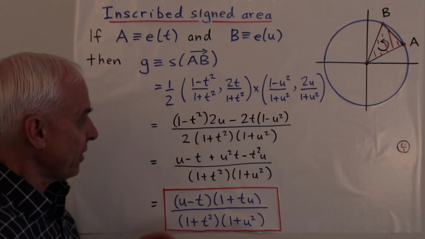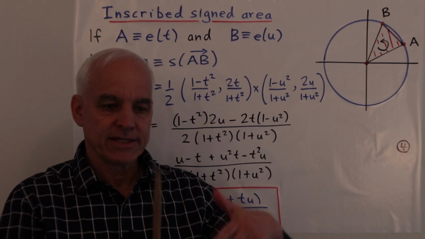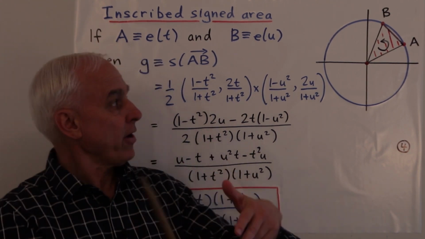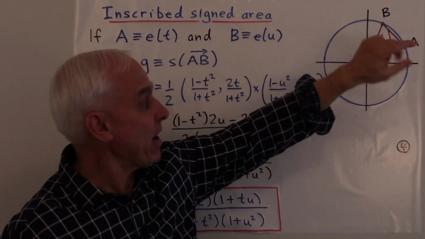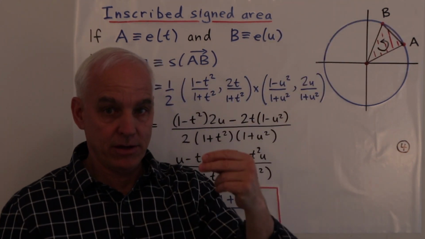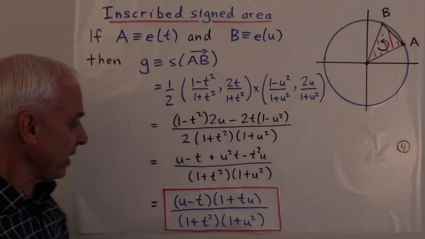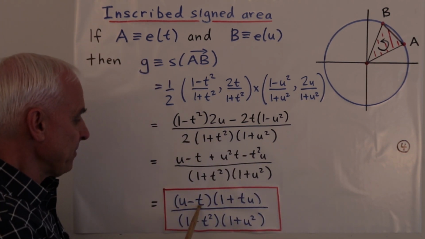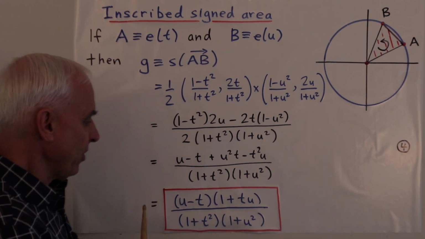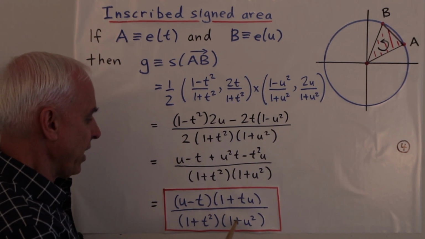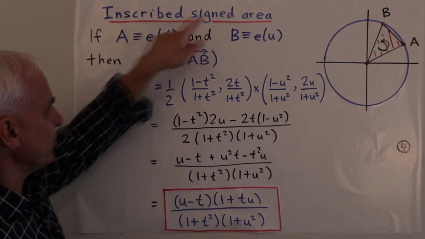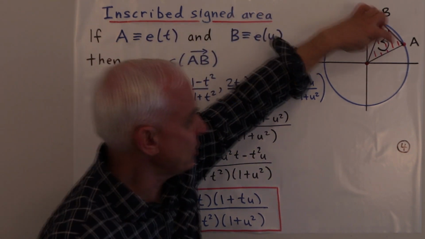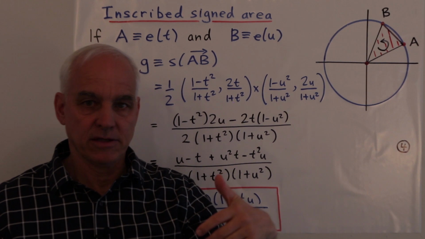So altogether, the formula for the signed area of this little triangle formed by these 2 points on the unit circle is (u minus t) times (1 plus tu) over (1 plus t squared) times (1 plus u squared). All in terms of the parameters t and u that specify the points A and B we're talking about.